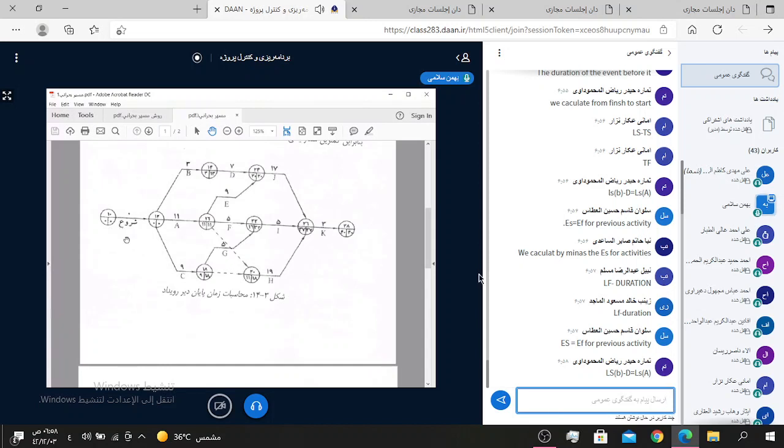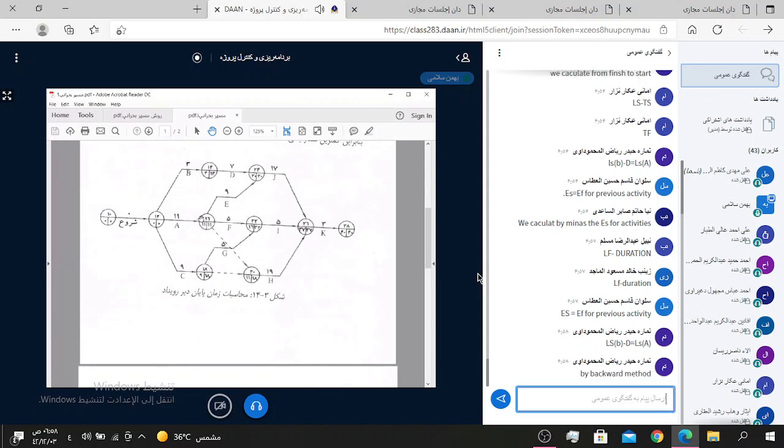One ES for node start and one ES for node finish. For example, for activity F, we have two ES: 11 for node start and 16 for node finish. Therefore, for every activity we have two ES.